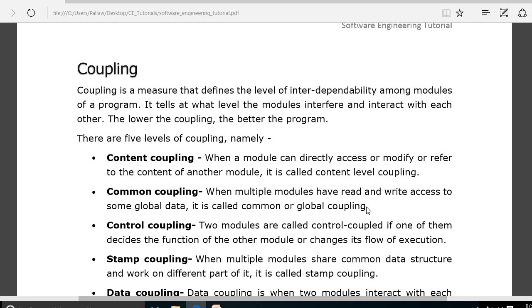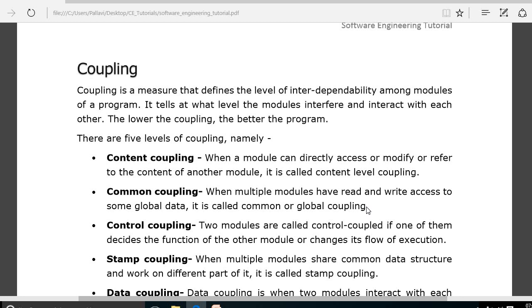If two modules interchange a large amount of data, then they are highly interdependent. The degree of coupling between two modules depends on their interface complexity. The interface complexity is basically determined by the number of types of parameters that are interchanged while invoking the function of the module.